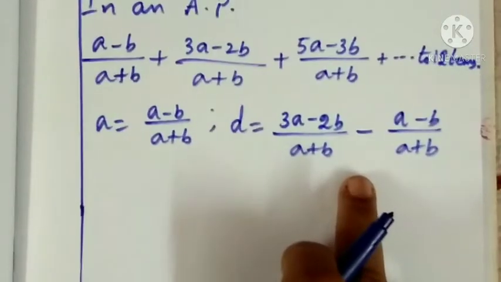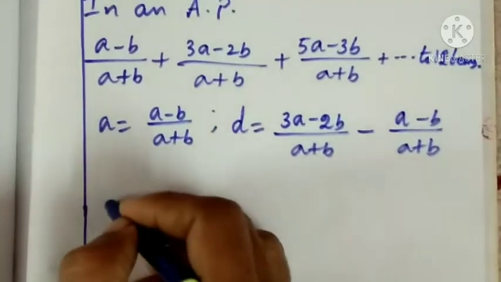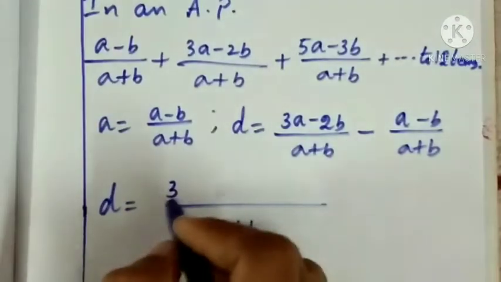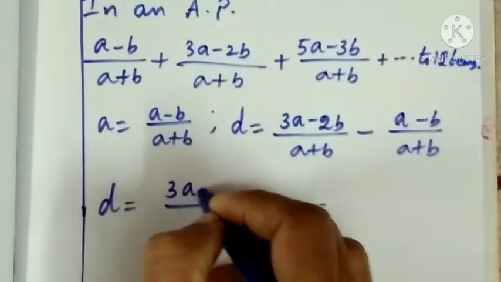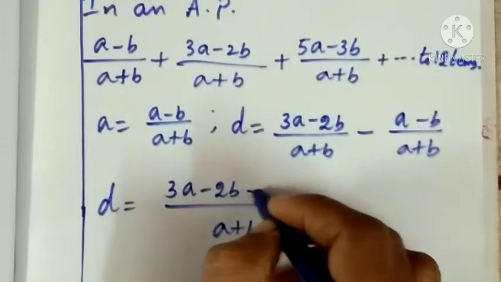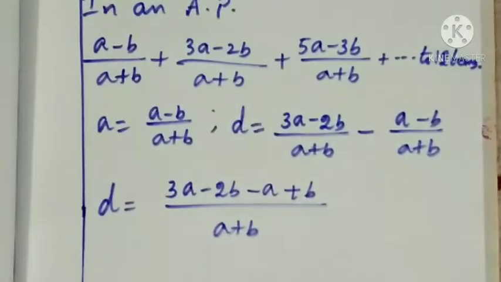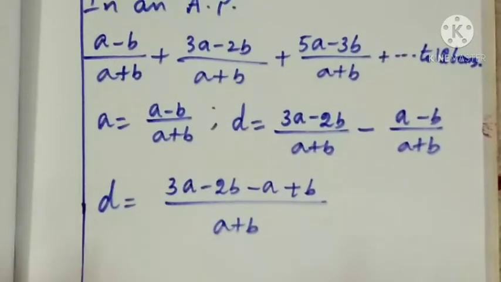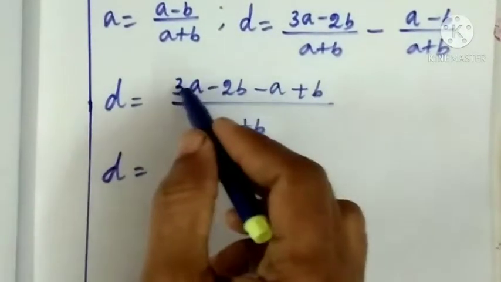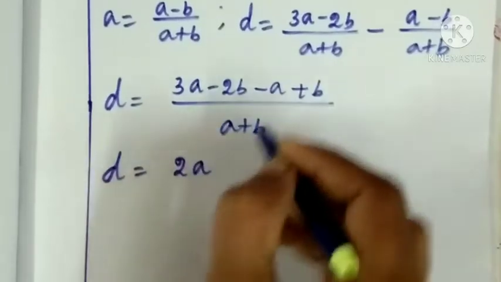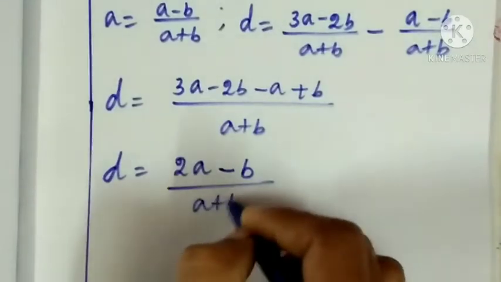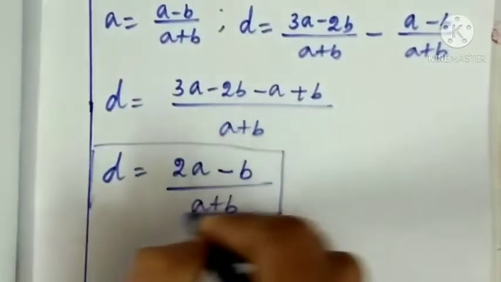Here the denominator is common, so d is equal to a plus b. In the numerator you have to write 3a minus 2b. Now you have to multiply the minus, means we get minus a plus b. Simplify the like terms, and we get the value of d as 3a minus a, we have 2a, minus 2b plus b, we have minus b by a plus b.